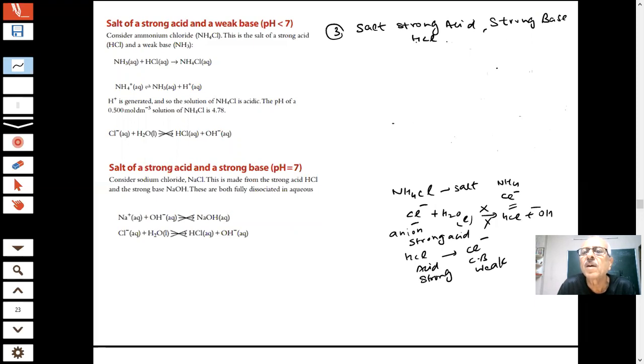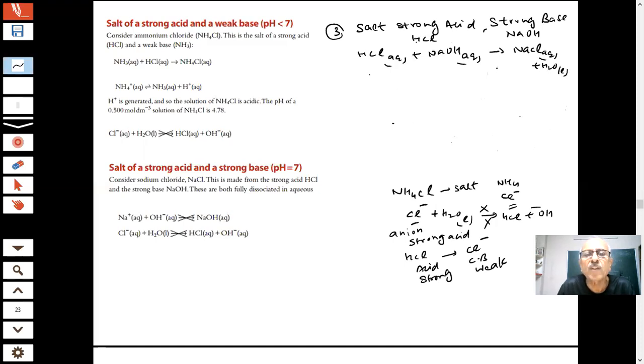HCl, strong base, NaOH. What is the salt then? HCl aqueous reacts with NaOH aqueous. What salt are you forming, students? NaCl. Yes, sir. And H2O liquid.